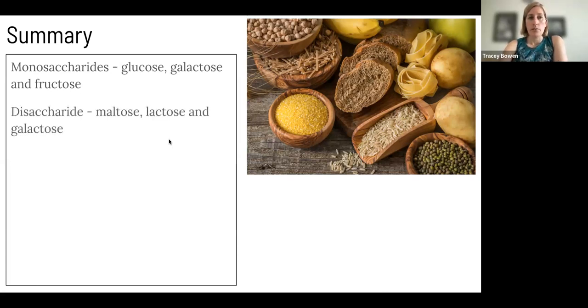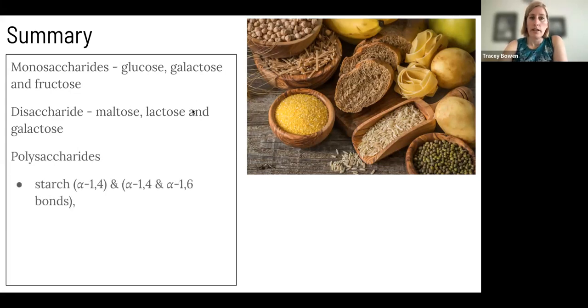To summarize for carbohydrates: monosaccharides, glucose, galactose, and fructose, are one molecule of carbohydrate. Disaccharides, such as maltose, lactose, and sucrose, are two monosaccharides joined together. Polysaccharides are long chains of monosaccharides. Examples are starch, with alpha 1,4 bonds and alpha 1,4 and 1,6 bonds, amylose and amylopectin. Glycogen has alpha 1,4 and alpha 1,6 bonds.